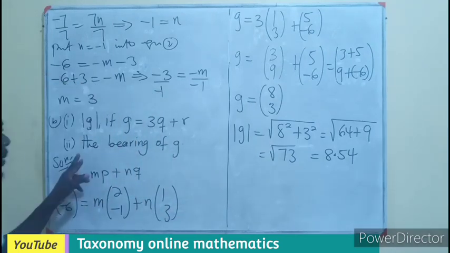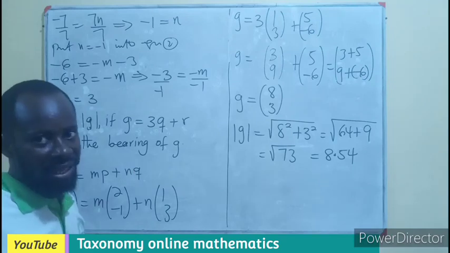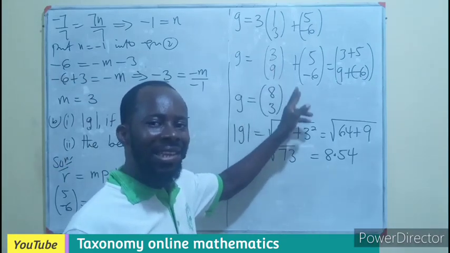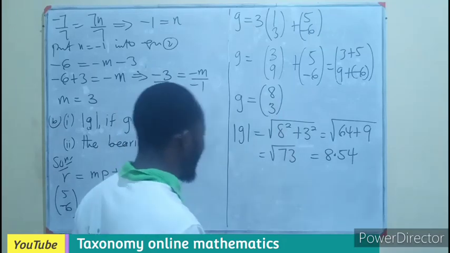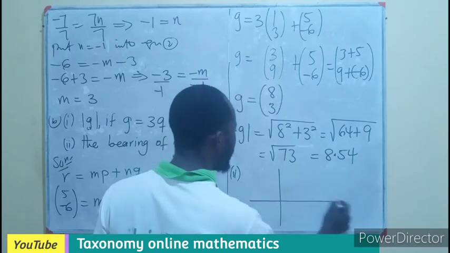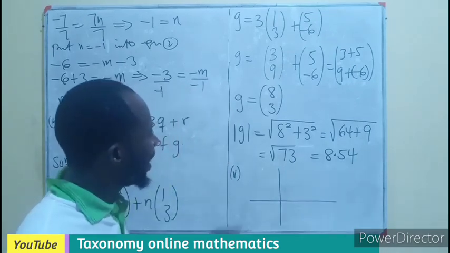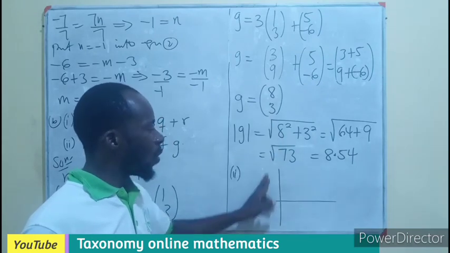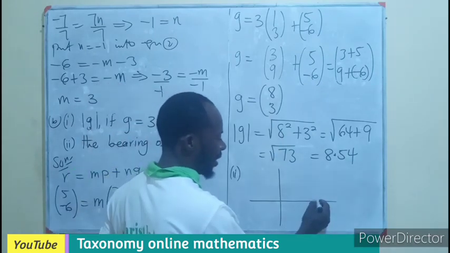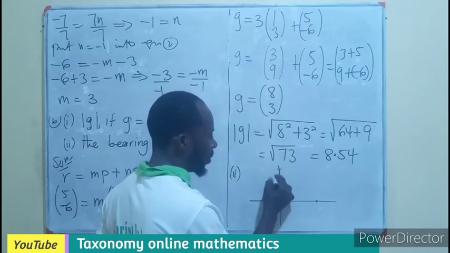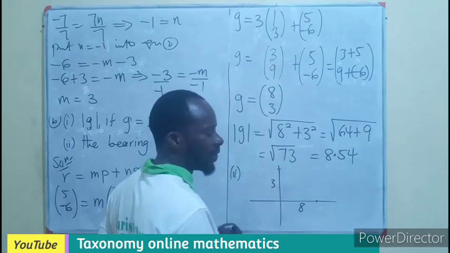Then we are asked to find the bearing of g. Don't forget, the bearing of g is on 8 and 3. If I take my Cartesian plane, we know 8 on the x-axis, 3 on the y-axis. So I will have, let's say, from here to here is 8, and from here to here is 3.